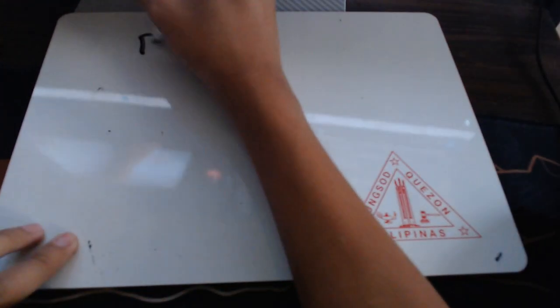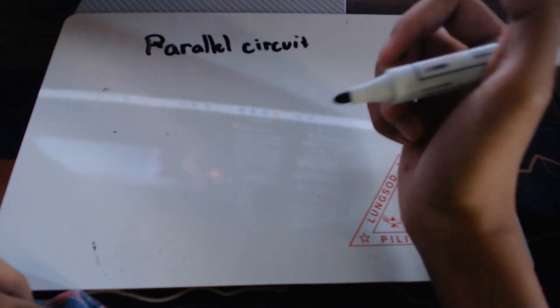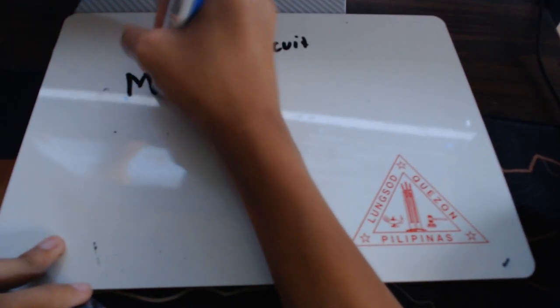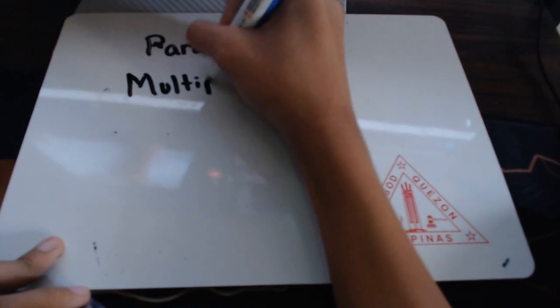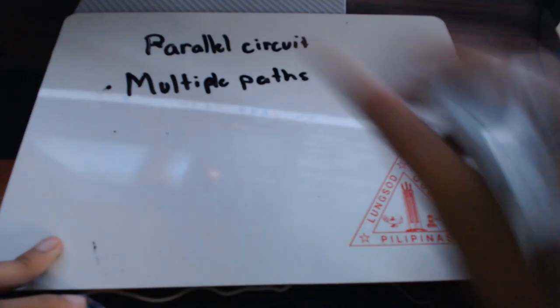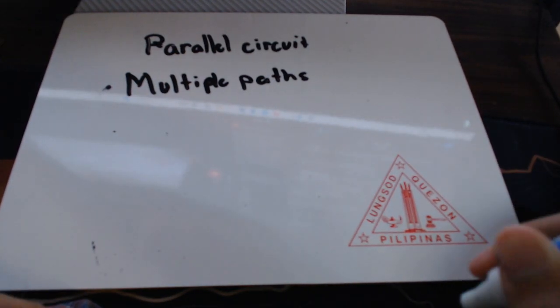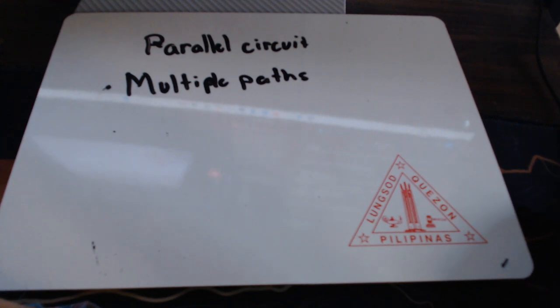Now let's look at the parallel circuit. Okay, in a parallel circuit, there are multiple paths for the current to flow. And the most important rule to remember is that the voltage is the same across each parallel branch.